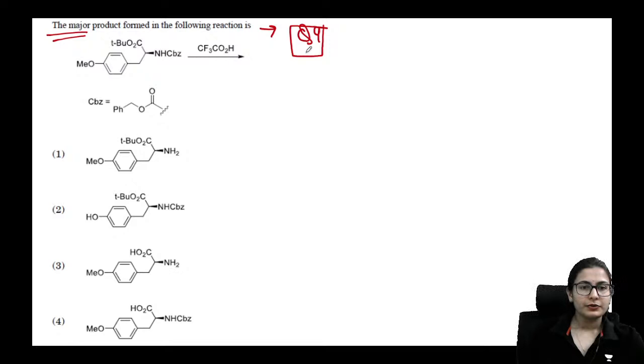So what according to you is the correct answer? Easy question. Yes, so what is the molecule actually looking like?